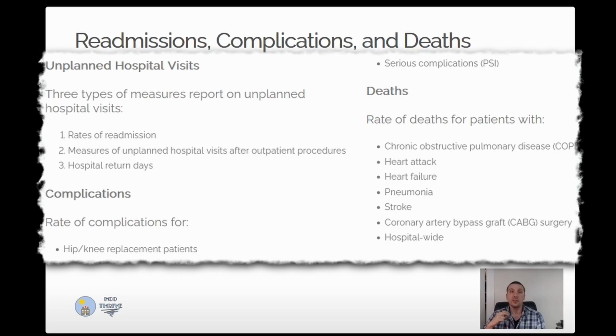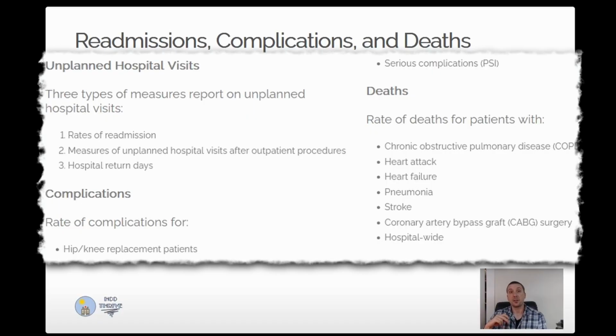For complications, two specific types, hip and knee. So surgery for hip and knee, the patient has to return for something else. And then serious complications, which are measured by the PSI or patient safety indicators, which we mentioned earlier.